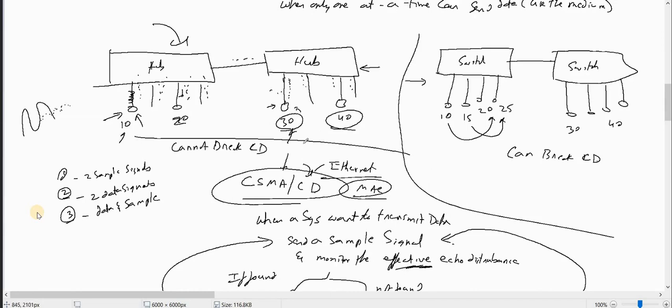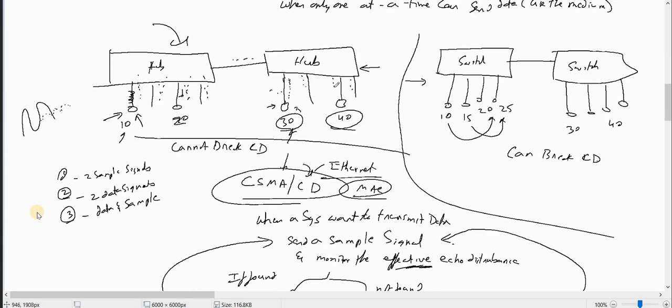And this is the reason why only one at a time can communicate when you connect the systems to a hub. It has nothing to do with half duplex or full duplex. Okay. Using a hub itself is very rare today.